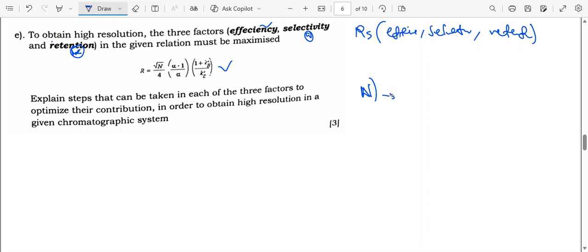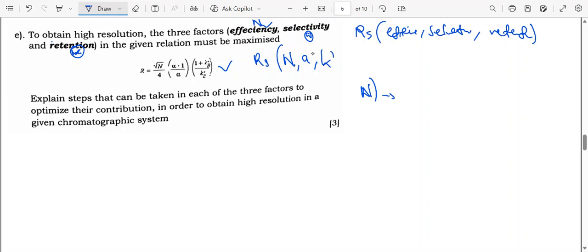The question is to explain steps that can be taken in each factor. Resolution depends on 3 factors: one, the column efficiency, which is the number of plates; then the selectivity; then the K factor.